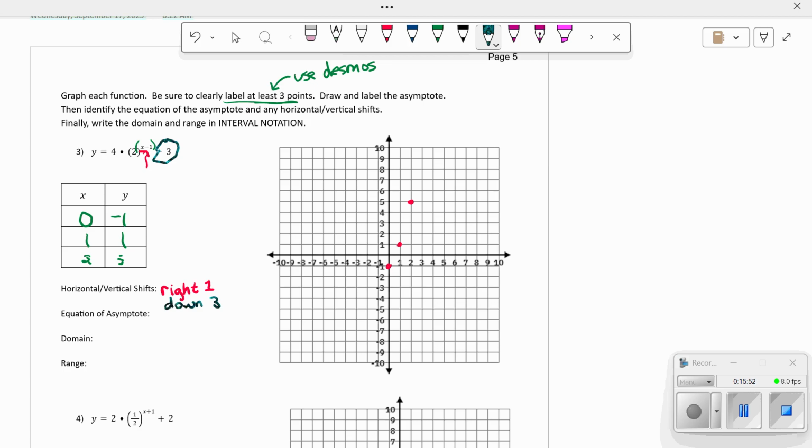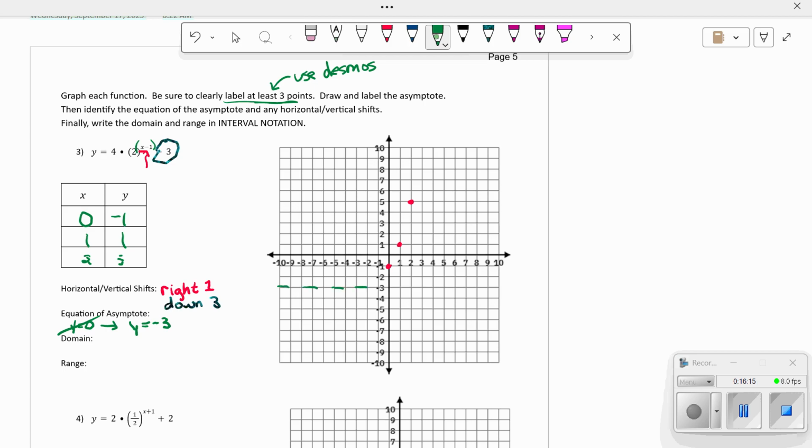Now that down 3 is super important because the up down is going to affect my asymptote. My default asymptote is at y equals 0, but it went down by 3. So now my asymptote is at y equals -3. 0 minus 3 is -3.